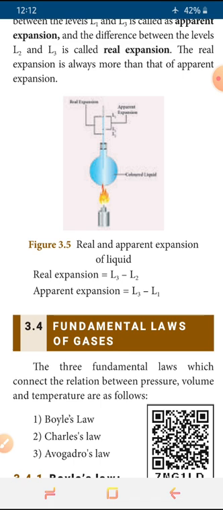The initial level. L2 is after heating, the next level. L3 is at last, when we heat again; the final level is taken as L3. So comparing L1, L2 and L3, we write the formula: real is L3 minus L2, apparent is L3 minus L1.